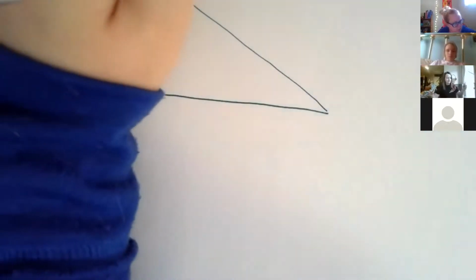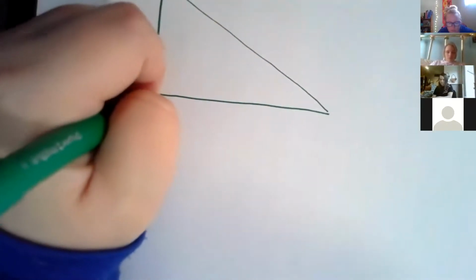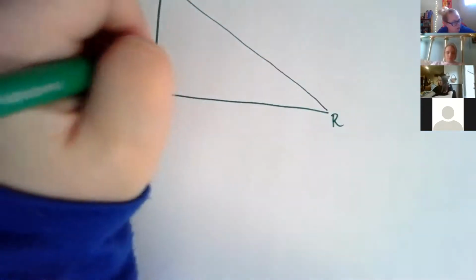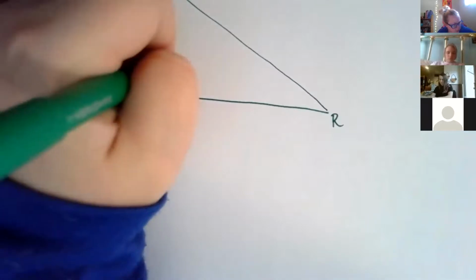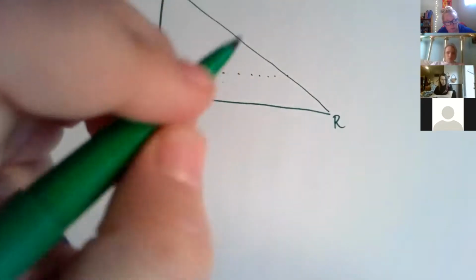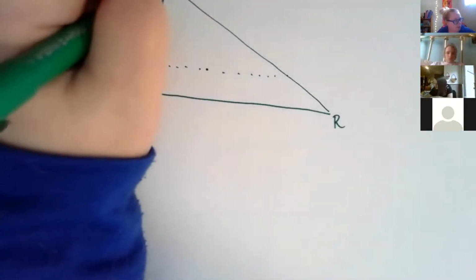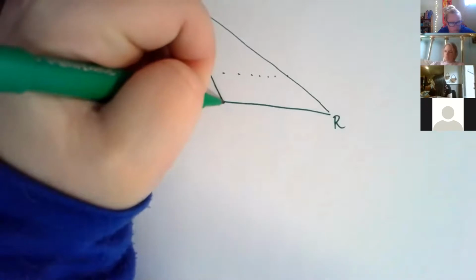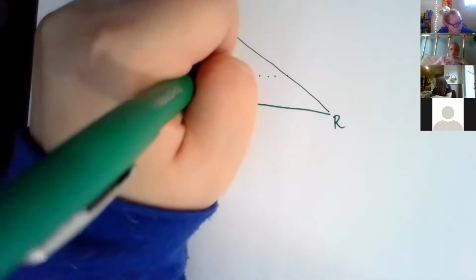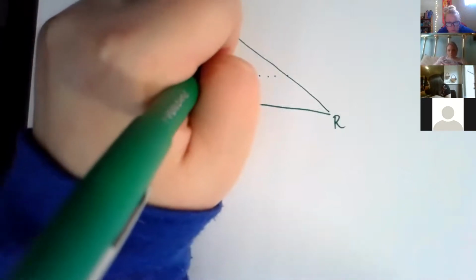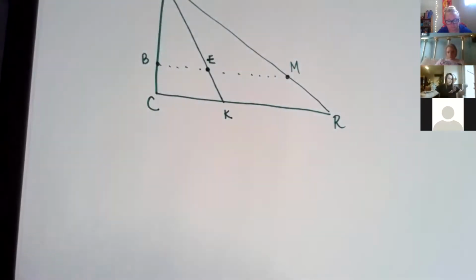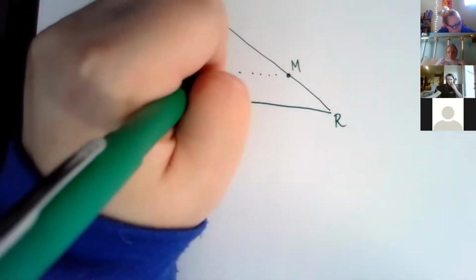They have this triangle A and C and R. Then they label this point B. Then they have K, which makes this intersection E, and then that intersection M. Then they drop these perpendiculars down.